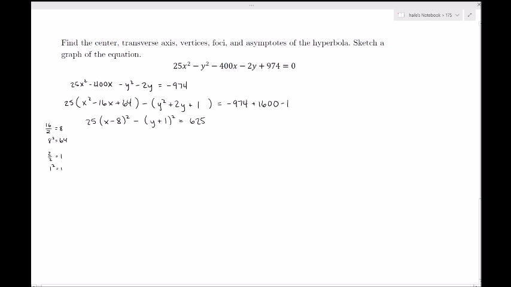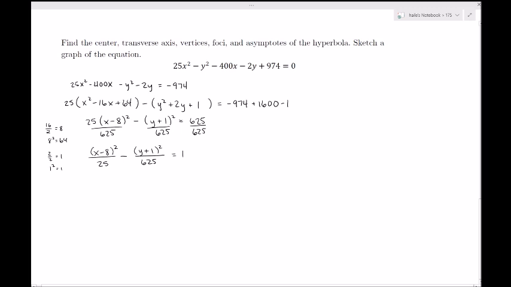The last thing we need to do to get this in standard form is to divide every single term by 625. So our final standard form will be x minus 8 quantity squared over 25 minus y plus 1 quantity squared over 625 is equal to 1.